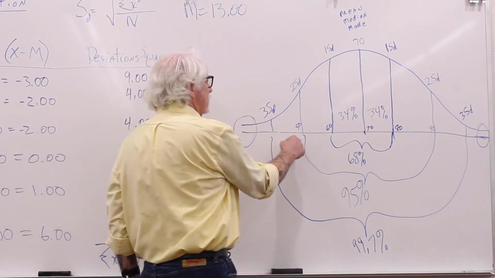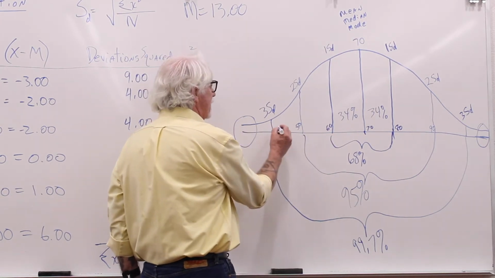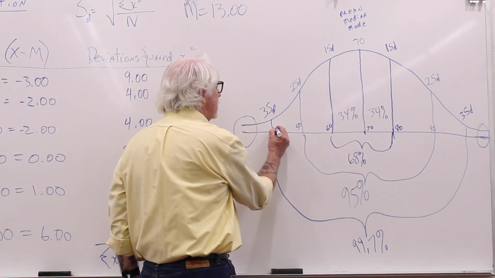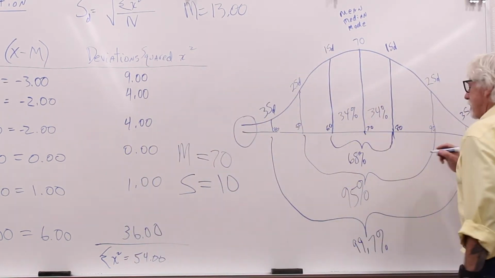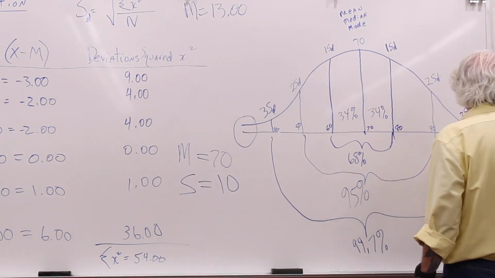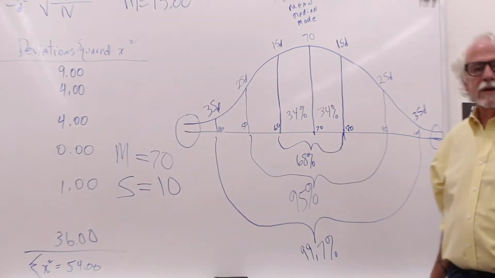Same thing. Conversely, 3 standard deviations from 70: 3 times 10 is 30. 70 minus 30 is 40, and this is 100, so nobody got more than 100. All right? So there we go.